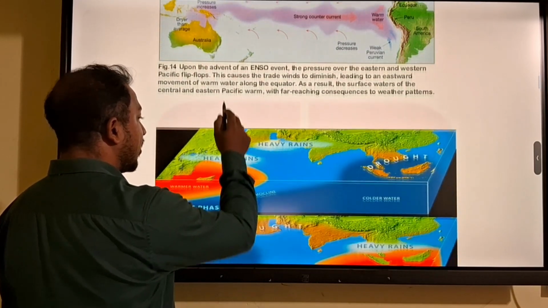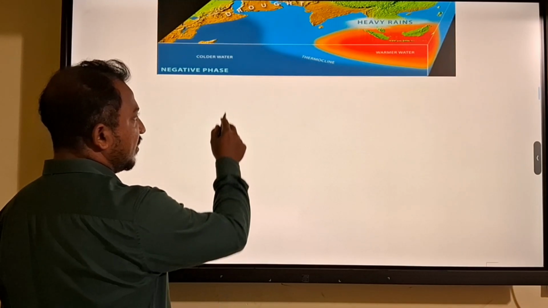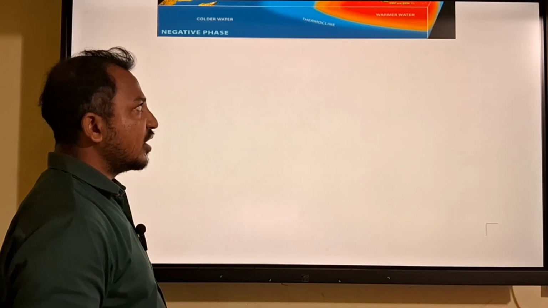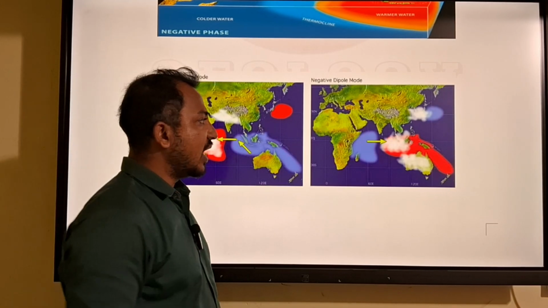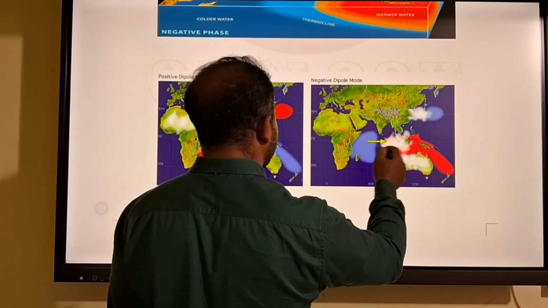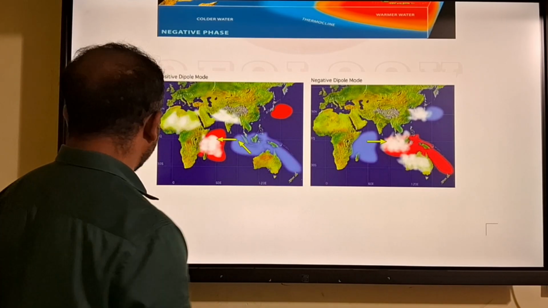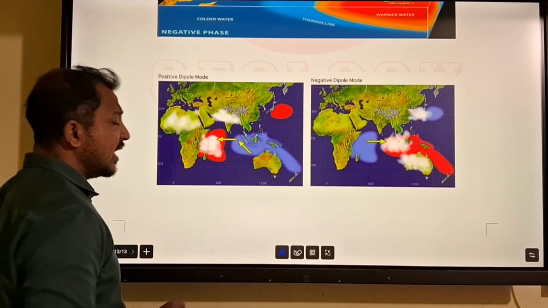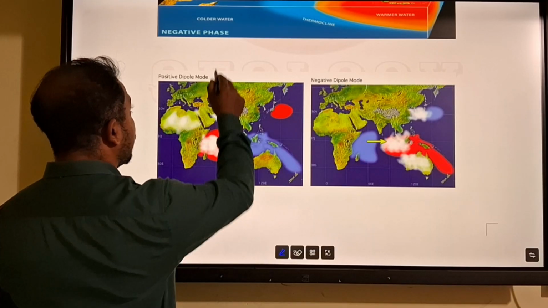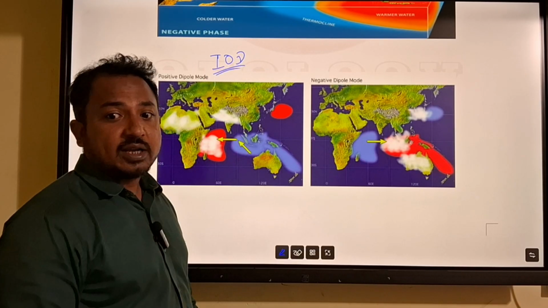Another similar pattern occurs in the Indian Ocean, between the east and west parts of the Indian Ocean. That is called IOD, Indian Ocean Dipole, where there is the Australian or Indonesian region and the African region.